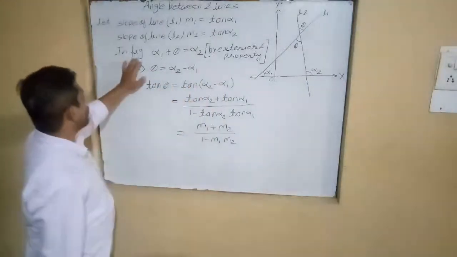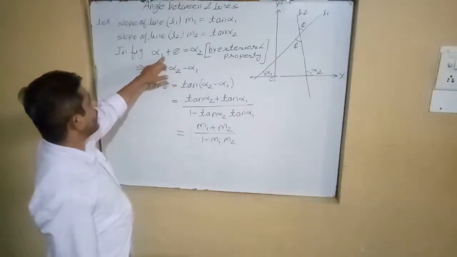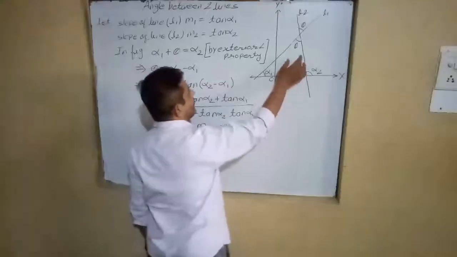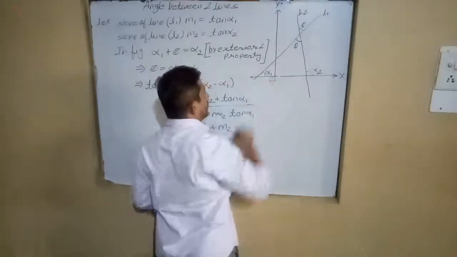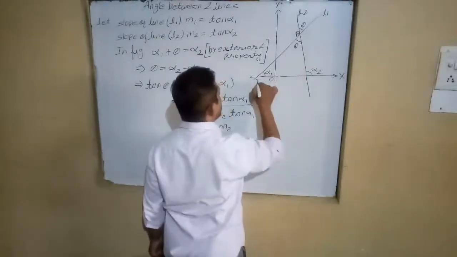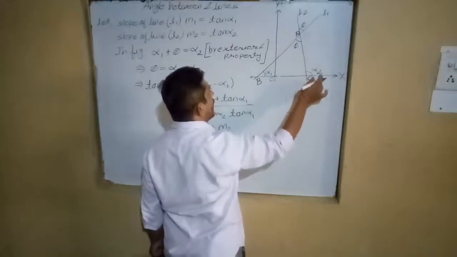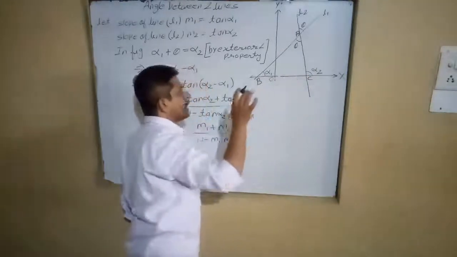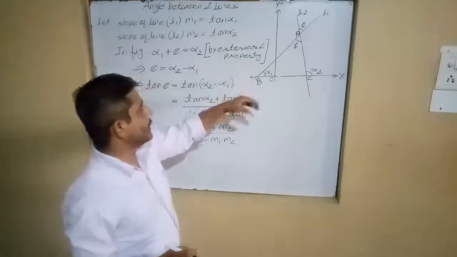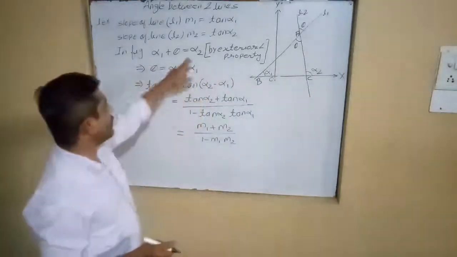Now from the figure, alpha 1 plus theta is equal to alpha 2. This is a triangle, you can name it A, B and C. In triangle ABC, alpha 2 is the exterior angle of triangle ABC. So by exterior angle property theta plus alpha 1 will equal alpha 2.